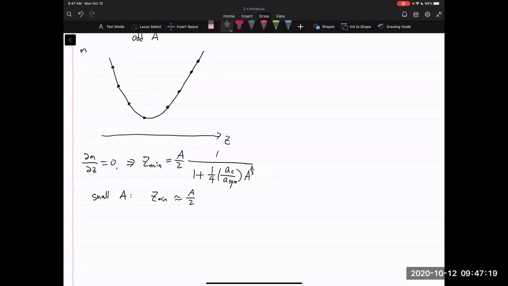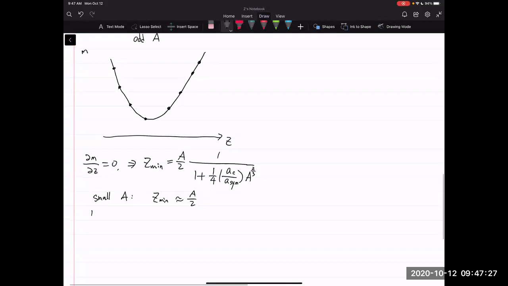So most of the elements are roughly around this N equal to Z line for small A. And for large A, for the slightly heavier elements, the minimum is not just 1/2, because we have this denominator here, which is more than 1, so the minimum will be slightly less than A over 2.